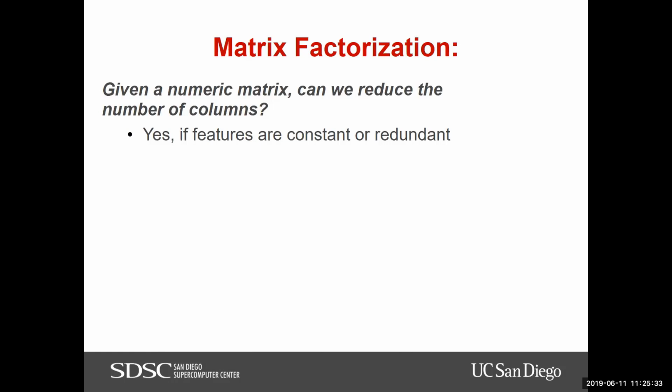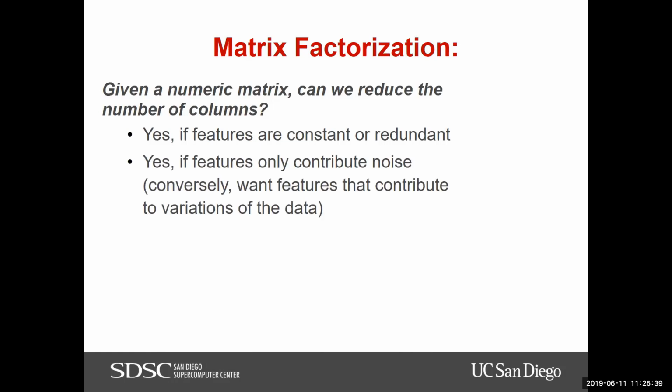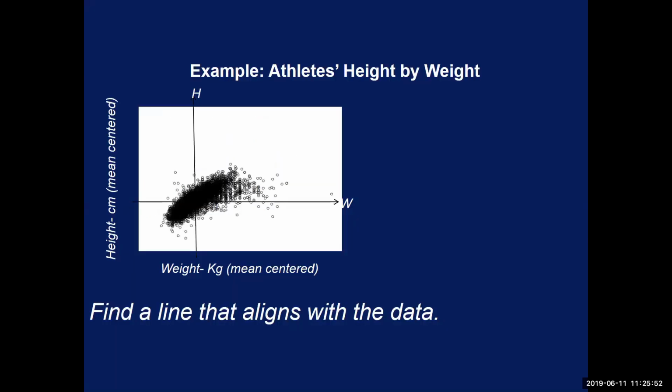If you have variables or features that are constant, you can reduce your matrix. If you have variables that only contribute noise, you could reduce your matrix. Or conversely, you could say, I only want to keep features that contribute to the variance, the variations of the data.